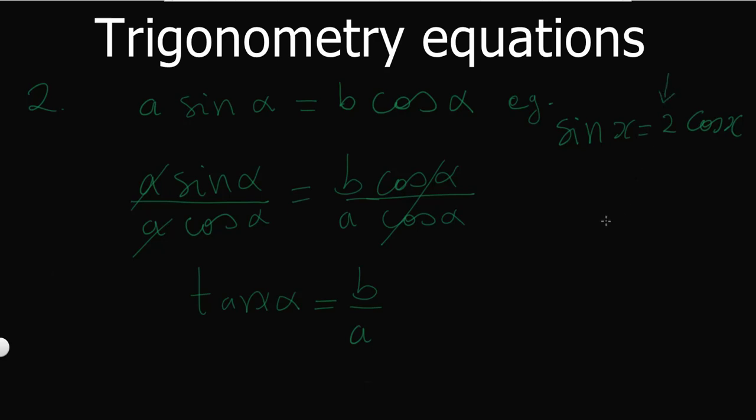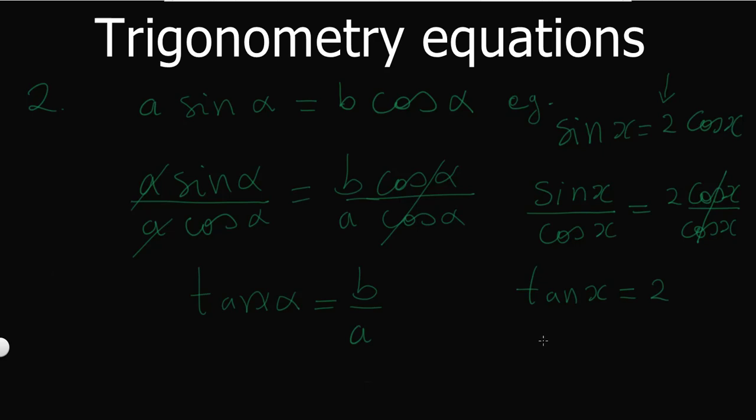So I will make it simple by having sine x, and I will divide by cos x, and then I'll divide also this side by cos x. So I'll cancel this. Sine over cos will be tangent, and then here we have a 2.